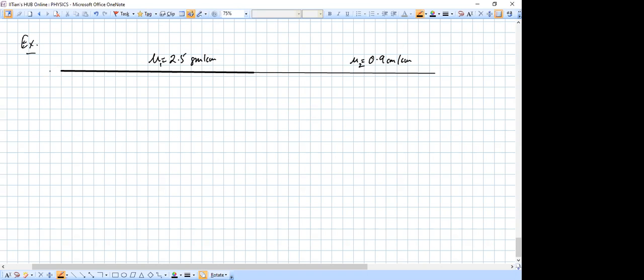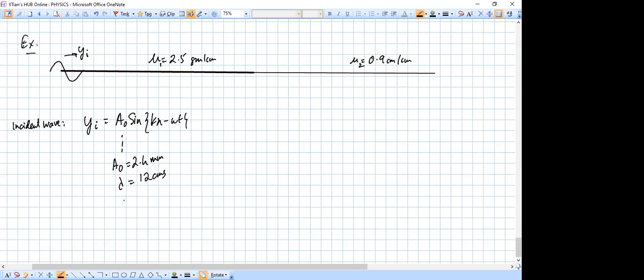So if we have an incident wave, okay, so this has amplitude, let's say 2.4 millimeters, lambda equal to 12 centimeters, and frequency equal to 100 hertz.